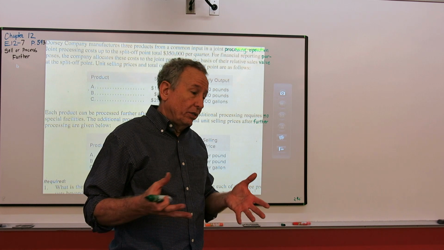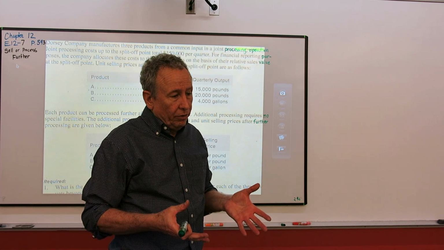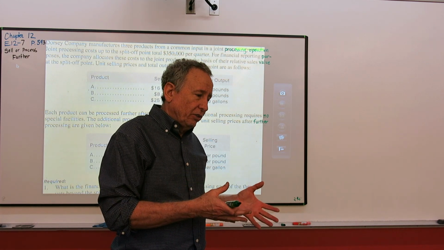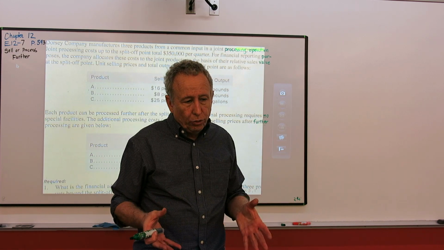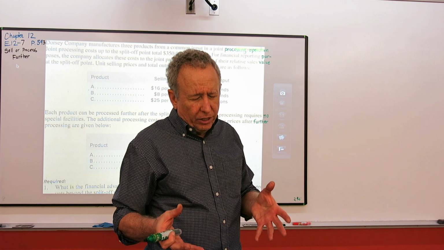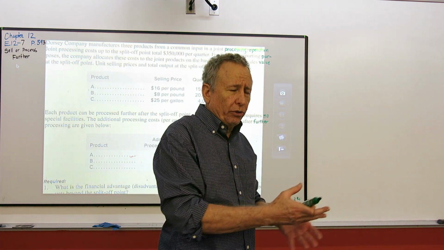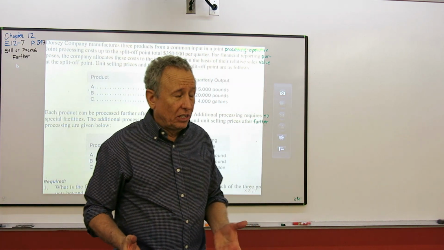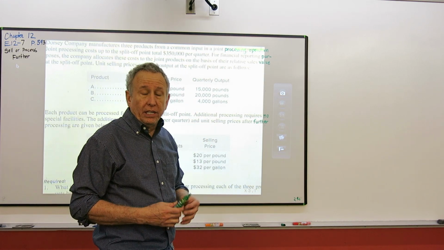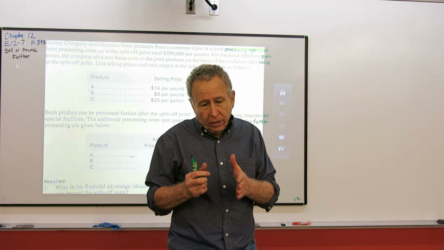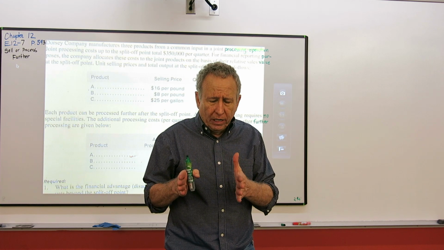Or if you're taking a cow and you decide to sell it in parts, or if you're taking oil and you decide, can I sell this oil, how far do I process it? Do I just refine it into crude oil, or get it into motor oil, or do I process it further into gasoline and Vaseline and jet fuel? These problems are actually common. Is it worth it? The issue is, once again, you're going to have incremental costs that are relevant.